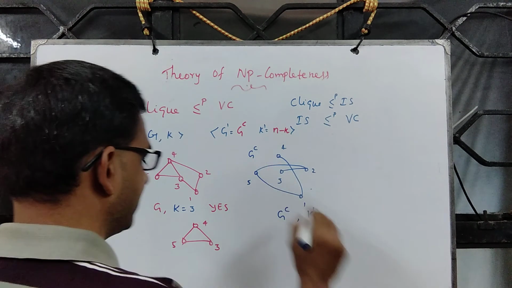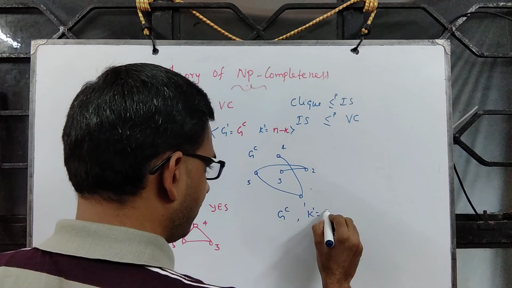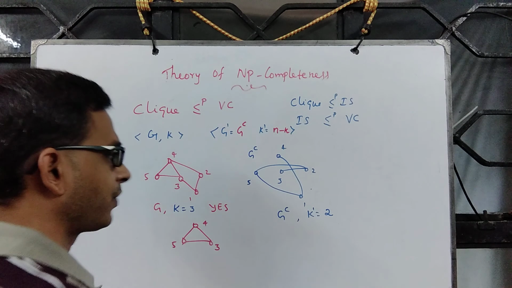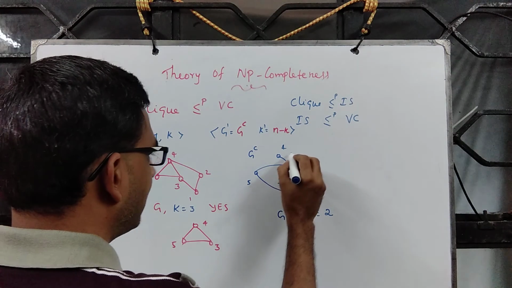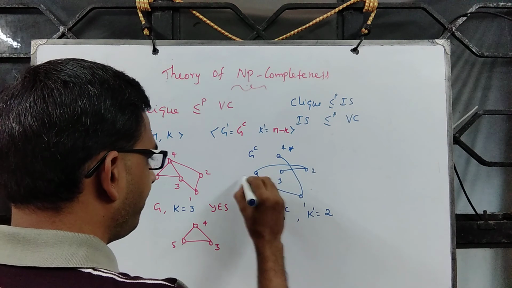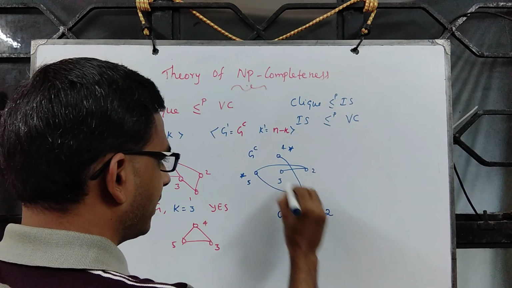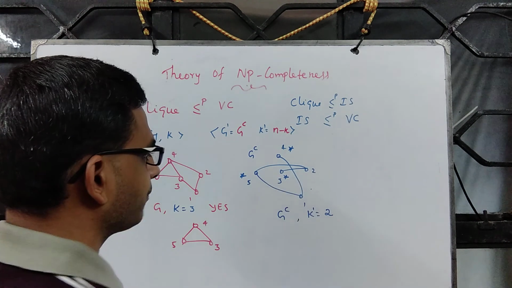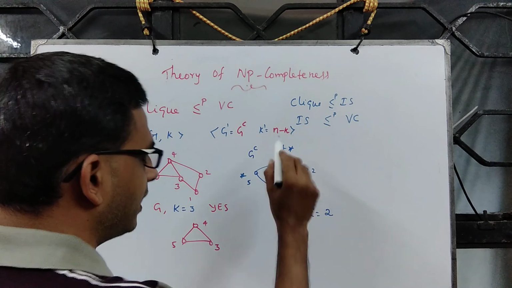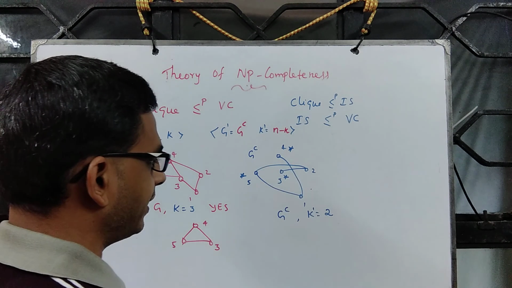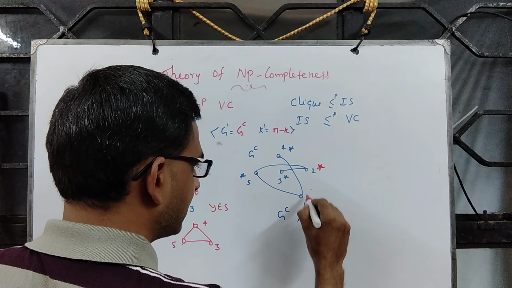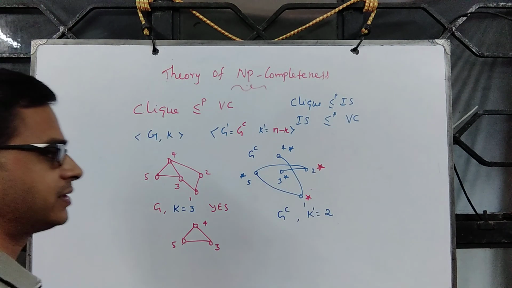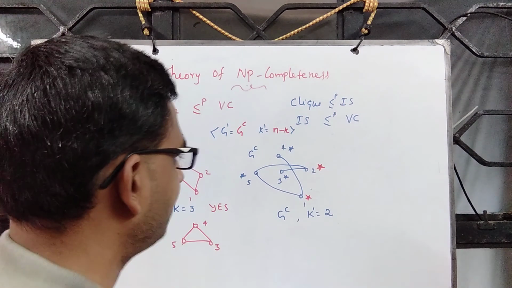K prime is n minus k, and there are 5 vertices. In the complement, you see that 4, 5 and 3, these three, are an independent set, which means this and this become the vertex cover for this graph.